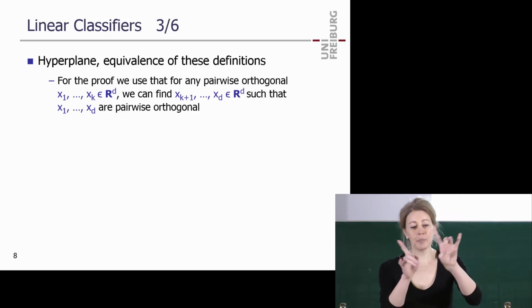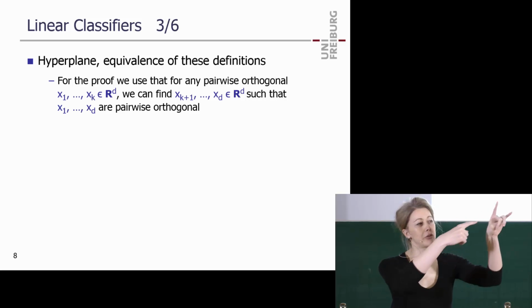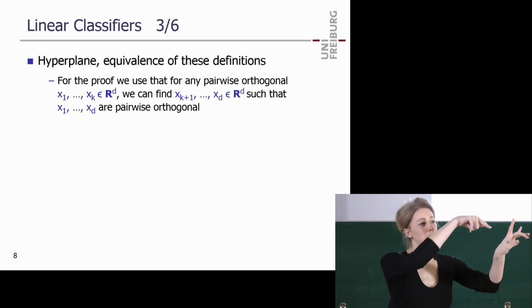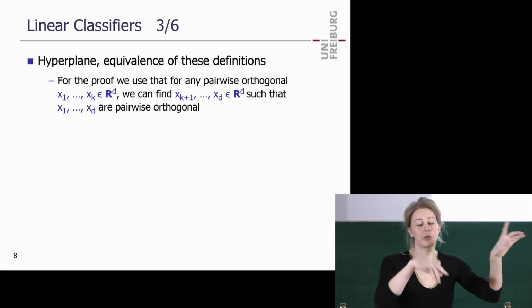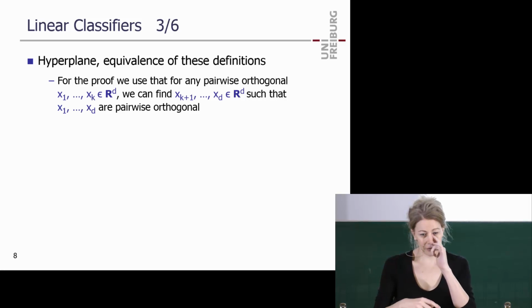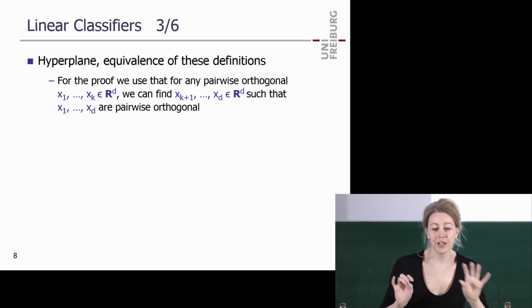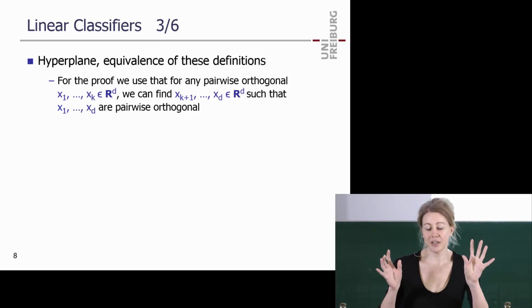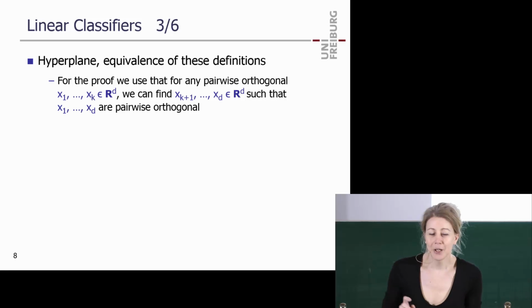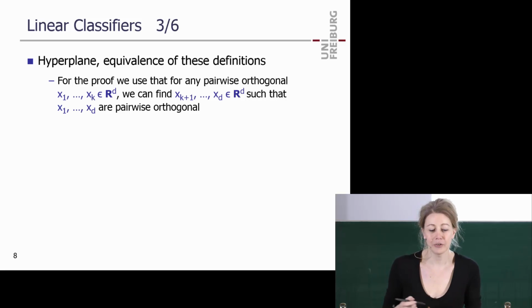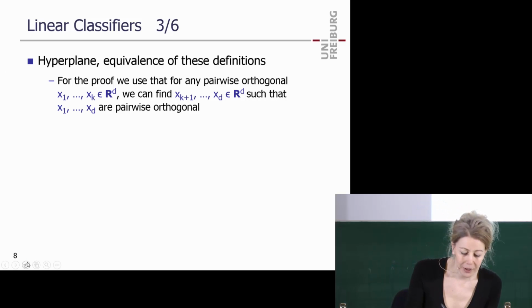If you have some vectors in d-dimensional space which are already orthogonal, like in 3D you have 2 vectors, then you can always find a third one which is orthogonal to all of those. Or more generally, imagine 10 dimensions: if you already have 4 orthogonal vectors in 10 dimensions, then you can find 6 others such that all of them are orthogonal. So it's basis completion.